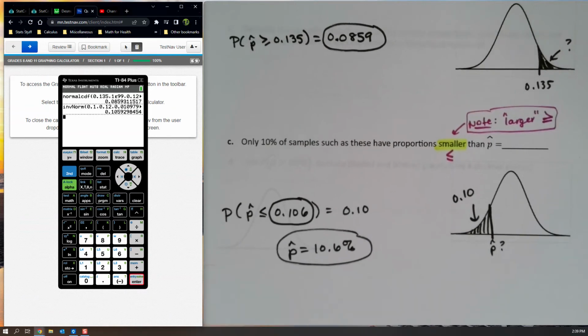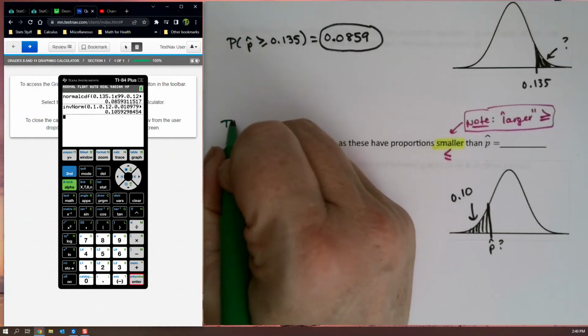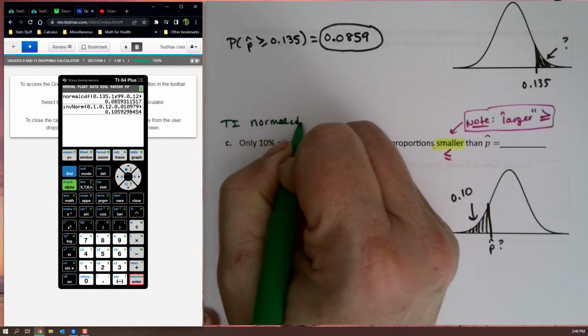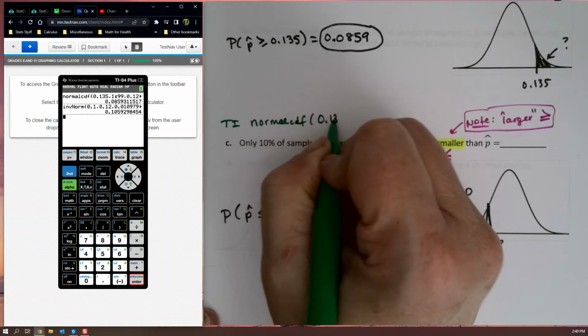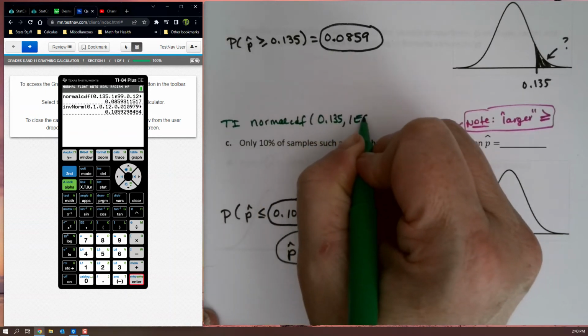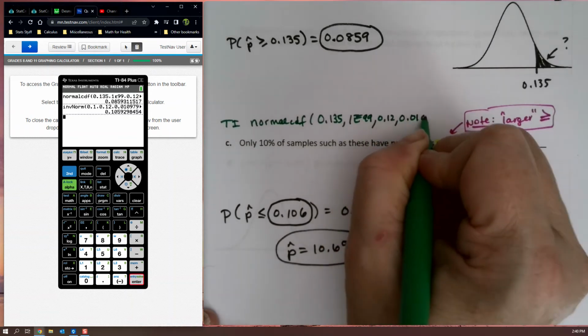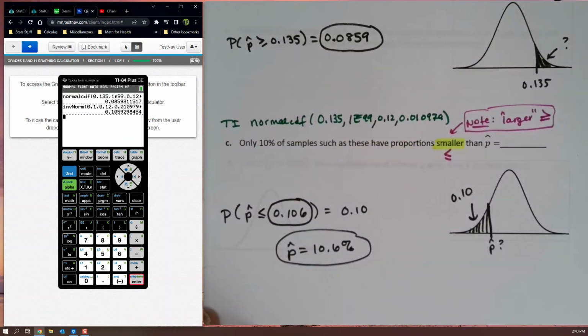If you want to write those down for yourself, you can. So for the TI-84, it's normal CDF. You go 0.135, 1E99, 0.12, 0.010979. There we go.